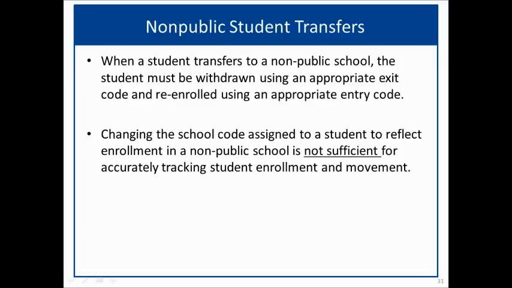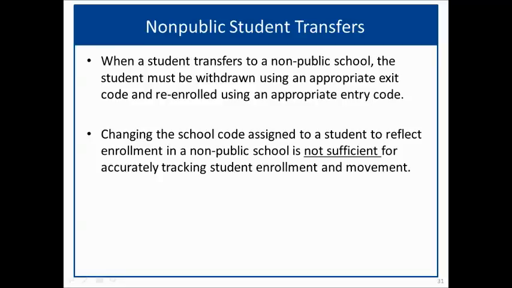And when a student makes that transfer to a non-public school, the student must be withdrawn from your LEA using the appropriate exit code and then re-enrolled into your LEA using the appropriate entry code. And in those cases, that would be a transfer.